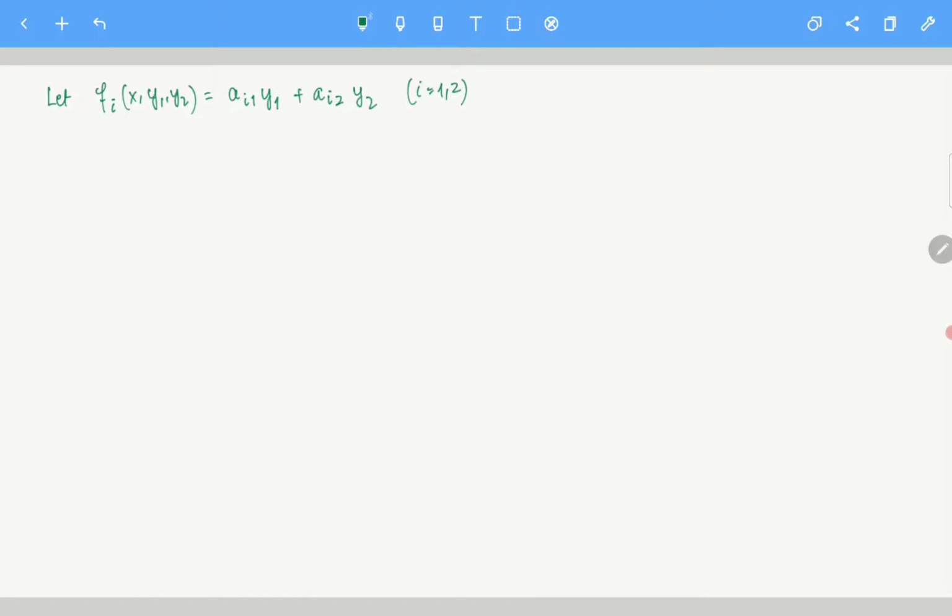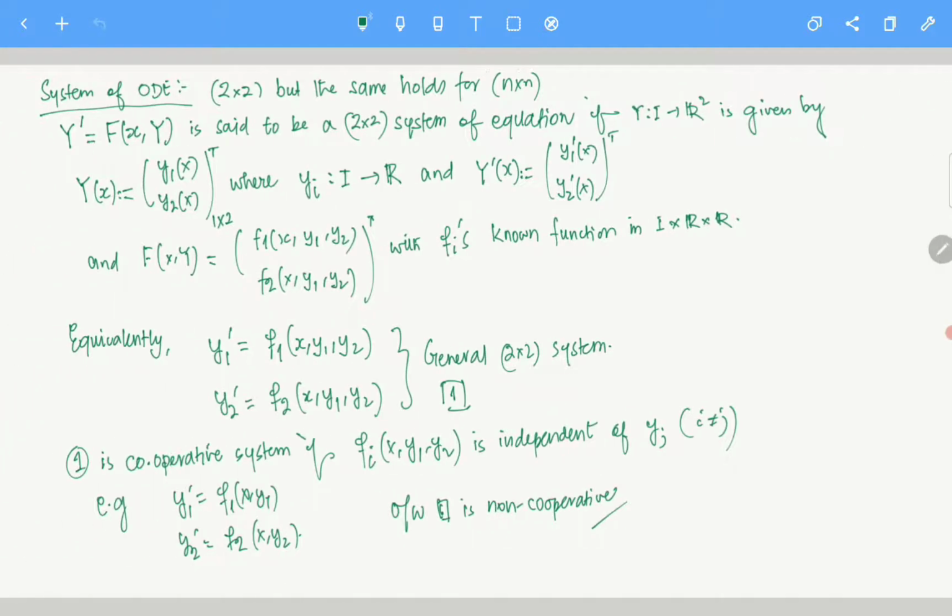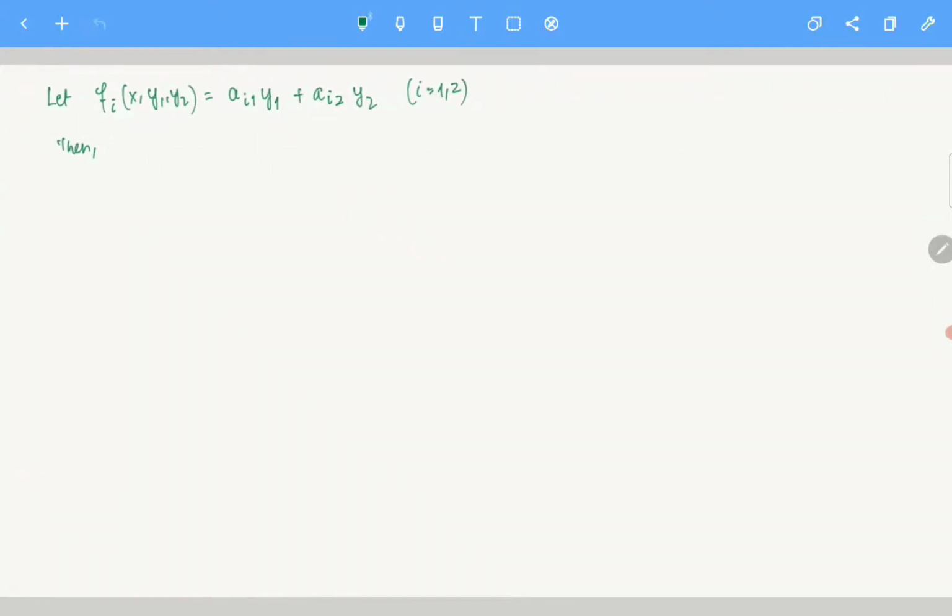If you can write fi like that, then this equation turns out to be y1 prime of x equals a11 y1 plus a12 y2, and y2 prime of x looks like a21 y1 plus a22 y2.